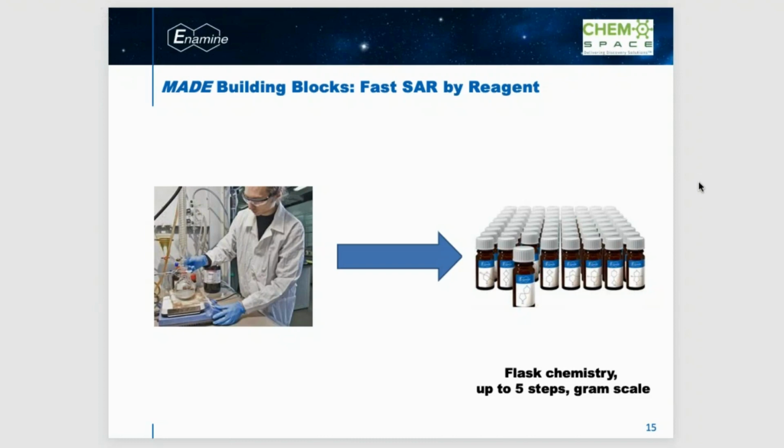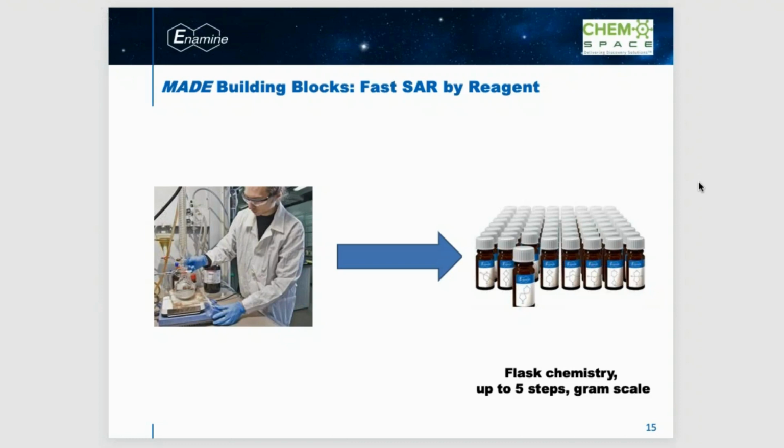So just a few words about these make-on-demand building blocks and REAL compounds and what the differences and the features of both are. Make-on-demand building blocks, or MADE building blocks, are really good for fast SAR by reagent, and those are building blocks or analogs of the in-stock building blocks available at Enamine, and they're typically synthesized in up to 5 synthetic steps from in-stock available reagents.